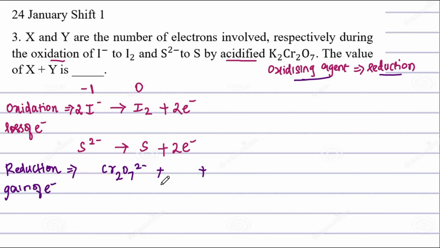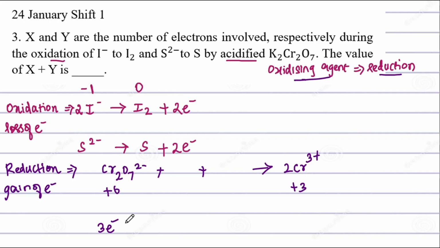Gain of electrons will be written in the reactant side. So you leave some space. So in acidic medium, Cr2O7 2 minus is always converted to 2Cr3 plus. So already we saw the oxidation number from +6, it is converted to what? +3. So what is the difference? The difference is 3 electrons. 3 electrons are gained. But totally how many chromium atoms are involved?